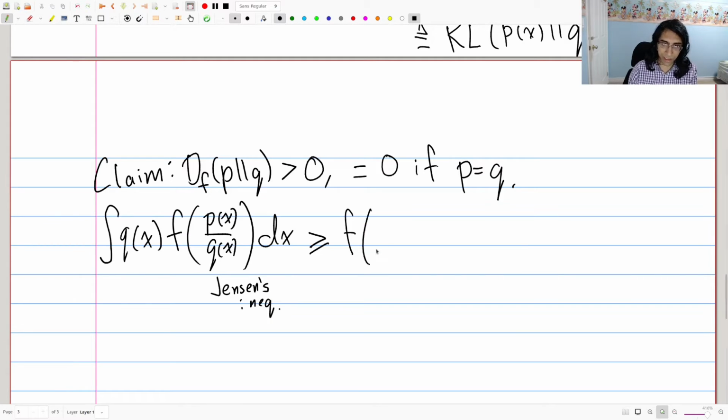So essentially it lets you pull this out, and then you get the integral of q of x times p of x over q of x dx.